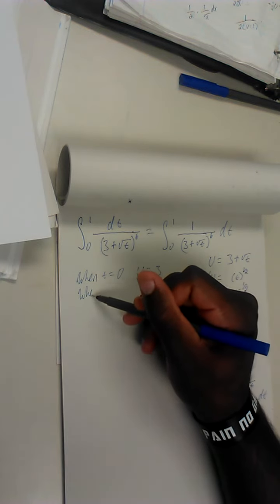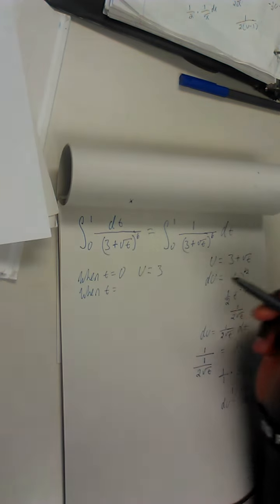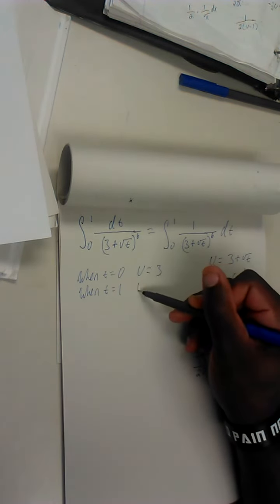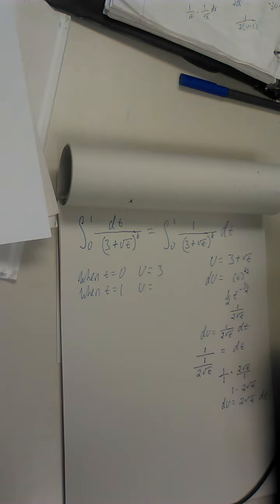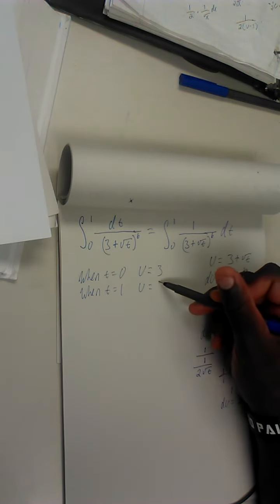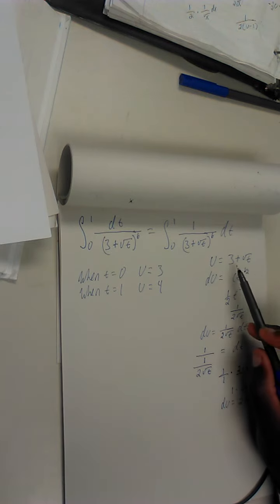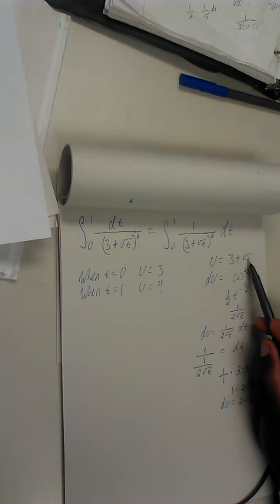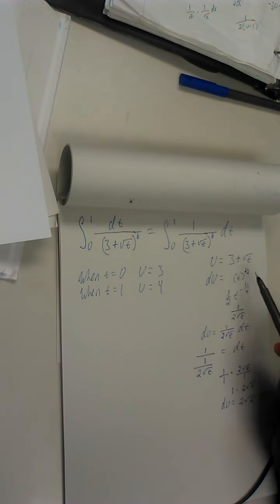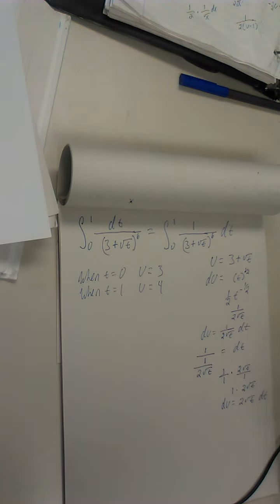And when t equals 1, u is equal to 4. 3 plus radical 1 is 4, and 3 plus 0 is 3. So now everything is in terms of u.